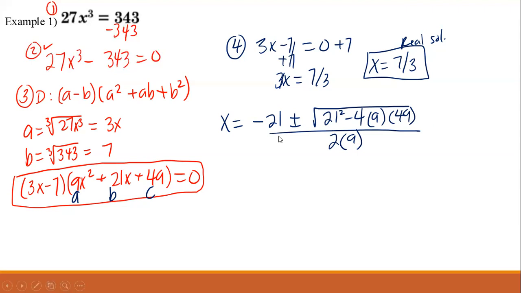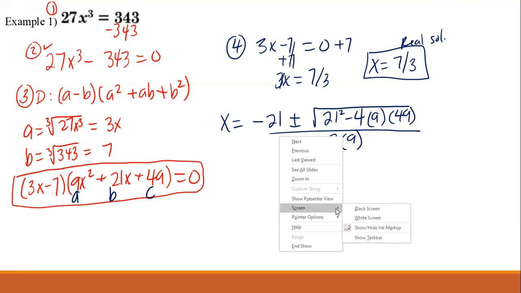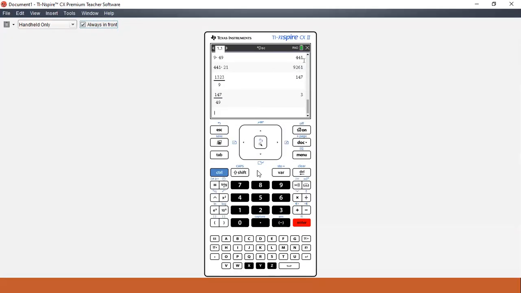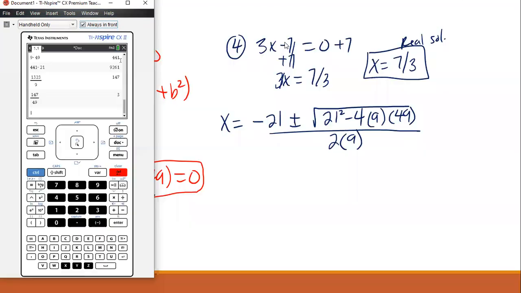So in our calculator, we're going to input what's underneath our radical. So we have 21 squared minus 4 times 9 times 49.